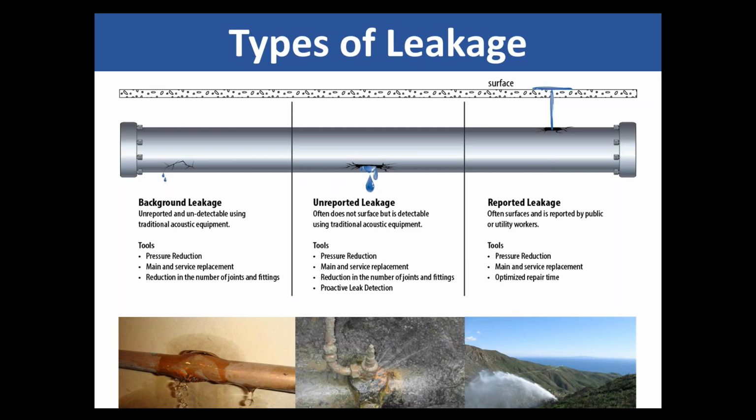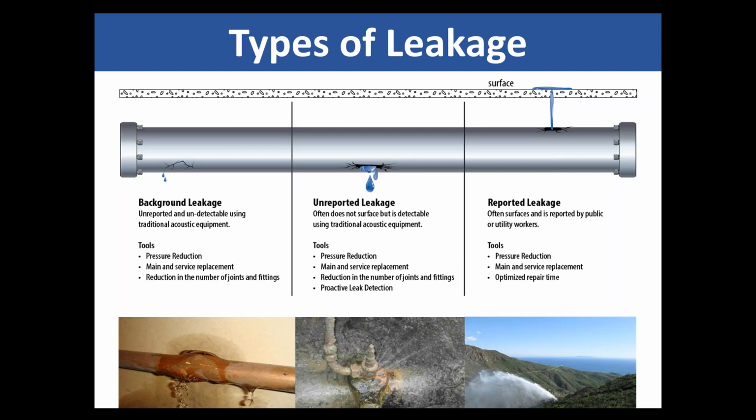And then finally, a little bit more of an esoteric component is what we call background leakage. That's all the small seeps and drips at joints and fittings. Everybody out there digging up the network sees these drips happen, right? And they happen all over the system. One thing that characterizes those volumes is that by doing leak detection, you cannot find those background leaks because they just do not generate enough sound.